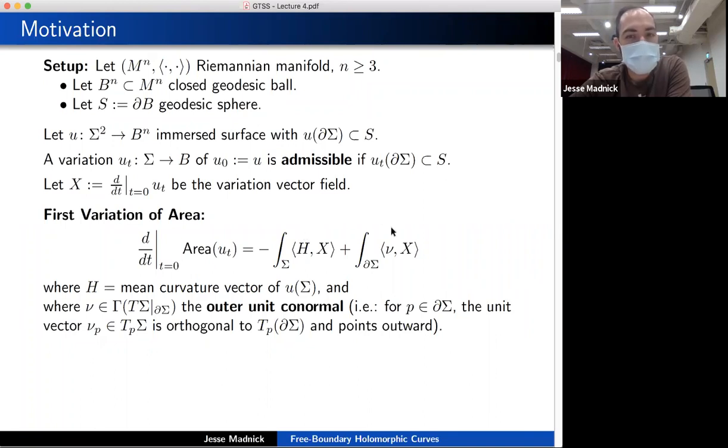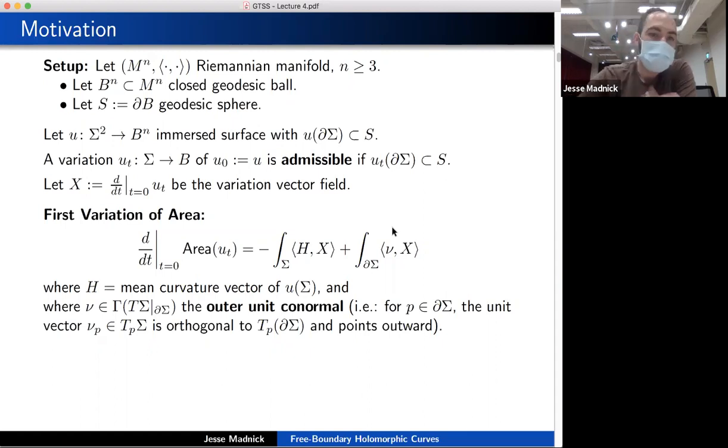And here you have a boundary integral, and this vector field nu here, this is the outer unit conormal. Okay, that's a fancy way of saying something very simple. It's just the unit vector field on the boundary of sigma, and it's just pointing outwards. Okay, so nu lives on the boundary. It's a vector field on the boundary of sigma, and it's orthogonal to the boundary, and it's the one that points outwards. It's unit length.